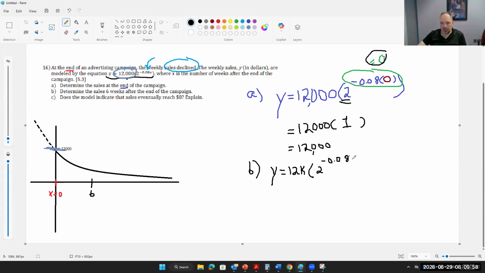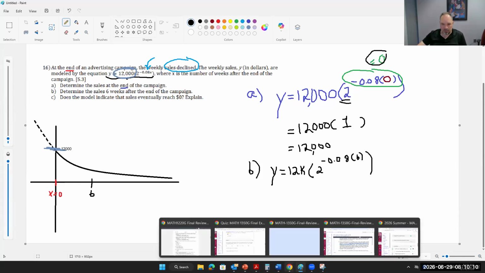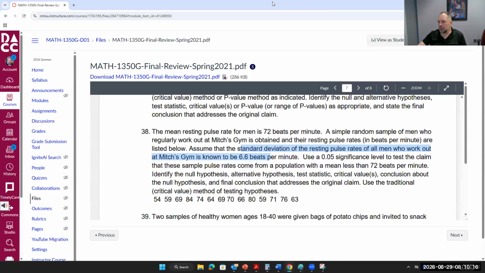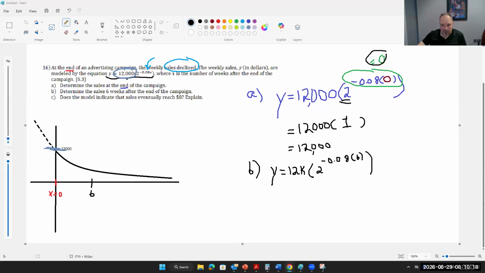We're going to plug in a 6 for our variable x. And really, I can't do this by hand, right? So I'm going to try to bring in my calculator if I can find it.